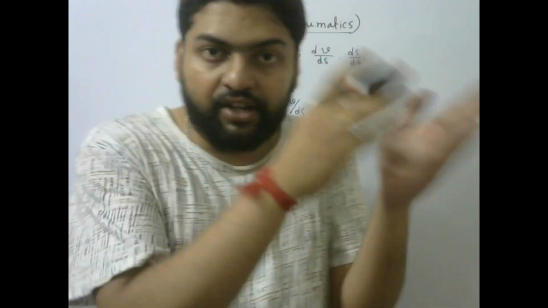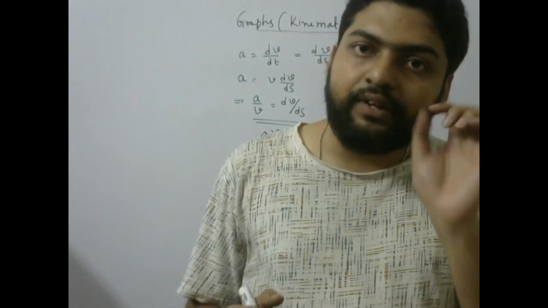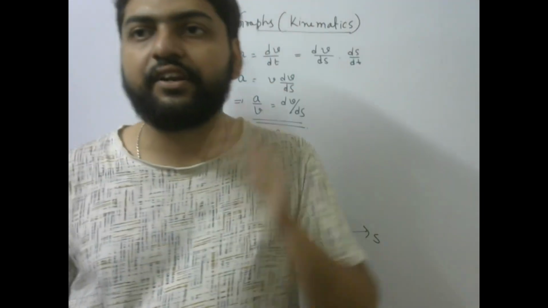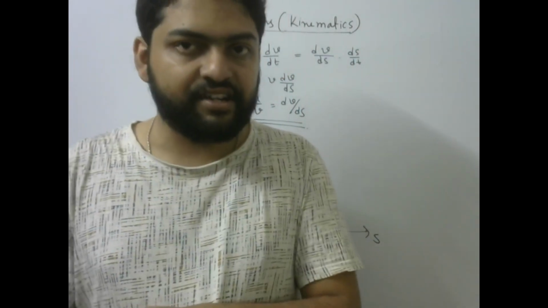If the v square versus s graph is a straight line, the slope is constant and that represents a uniformly accelerated motion. If the slope is not constant, it is not uniformly accelerated.